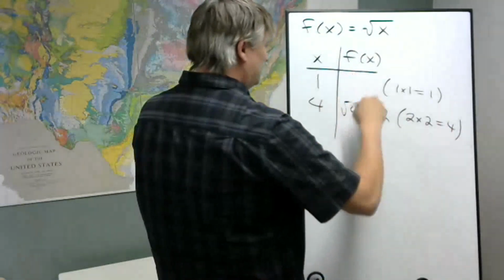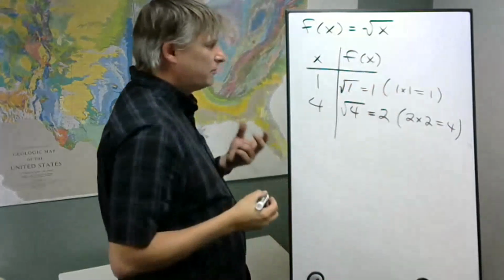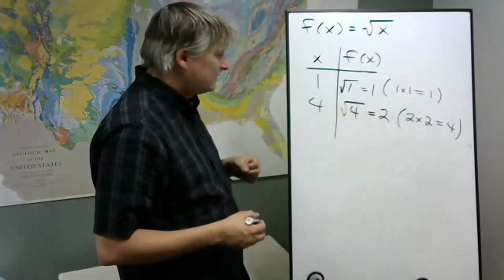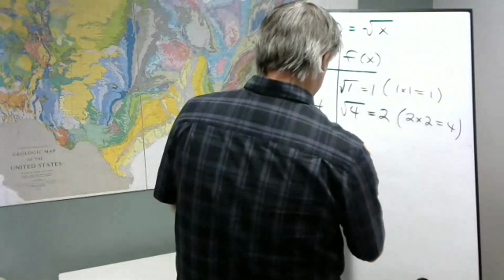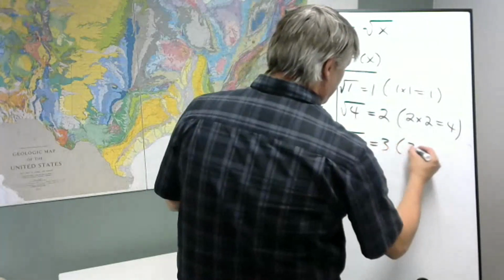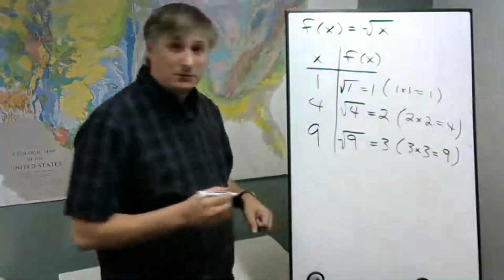And here, I can make this a little more consistent. Square root of 1 is equal to 1, because 1 times 1 gives you 1. Let's put in 9. Now the square root of 9 is equal to 3, because 3 times 3 is equal to 9.